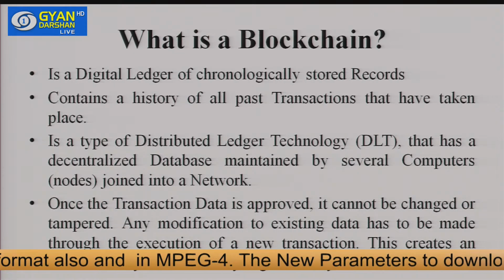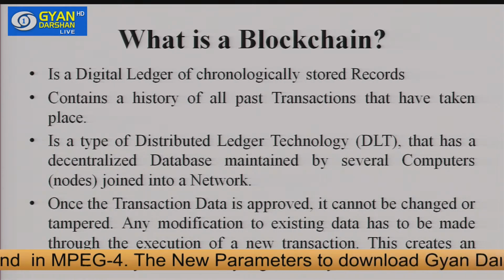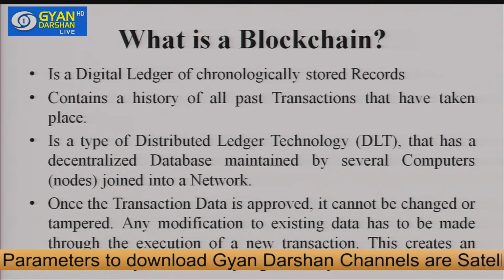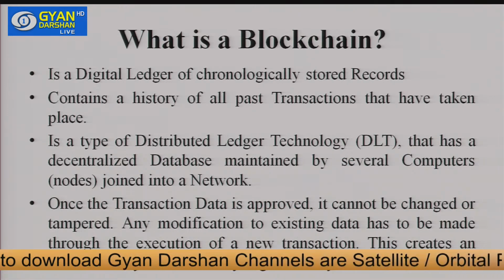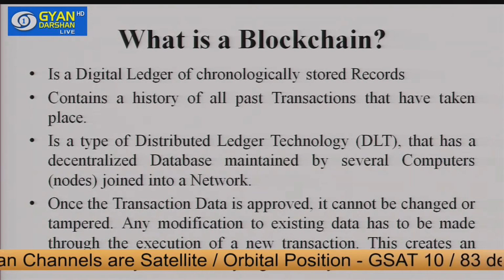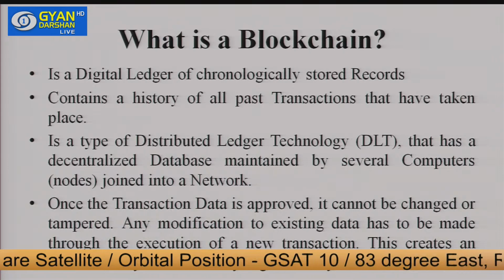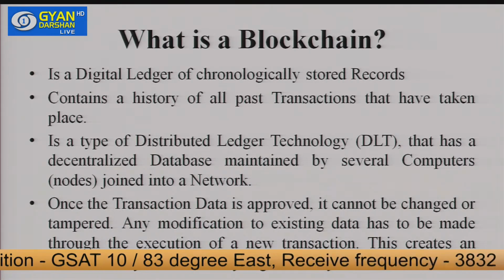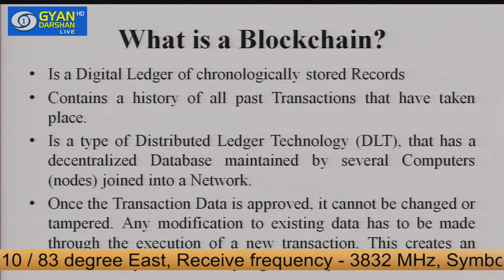Suppose there are 3 or 4 nodes in a network and some transaction has to take place. For each transaction, everybody has to approve, and only then will the transaction be successful. That's why we call it a distributed ledger technology.